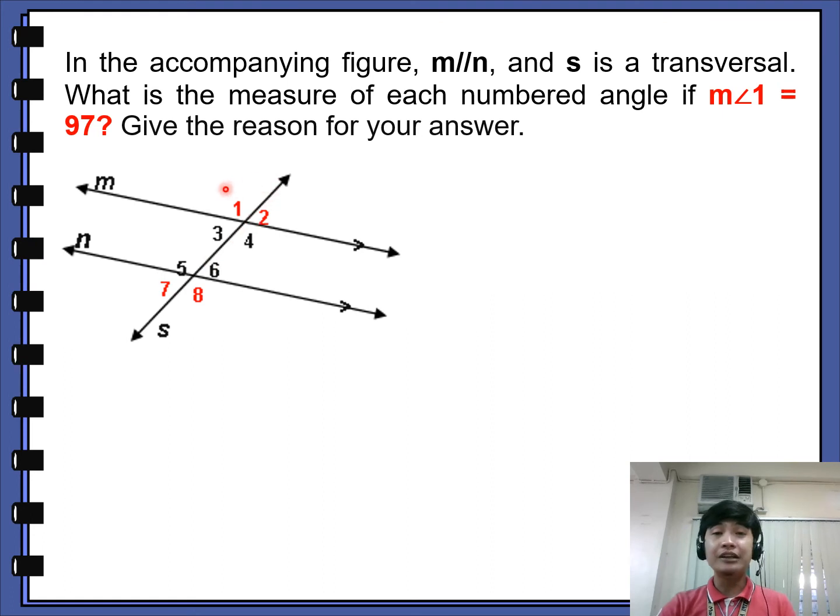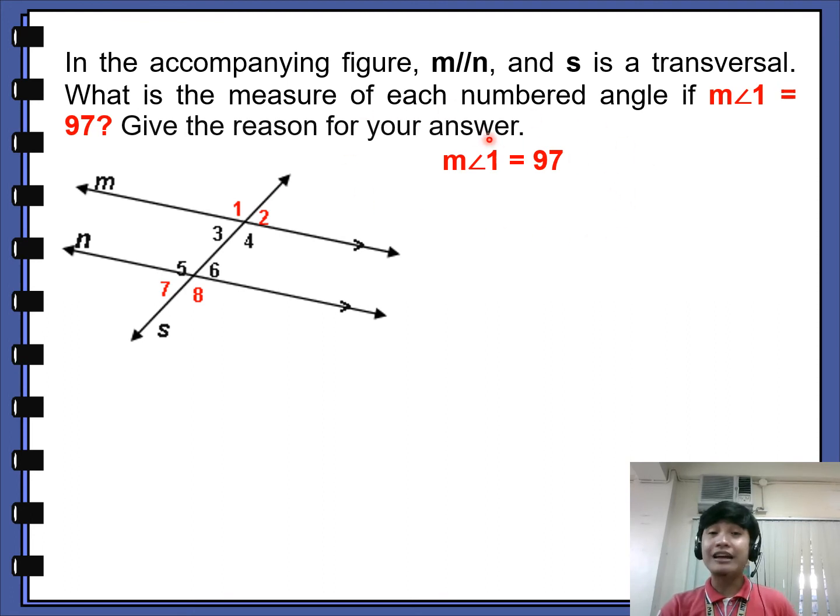So, si angle 1 daw ay 97, hahanapin natin yung sukat ng iba't ibang angles. Okay? So, paano natin masosolve yung measurement ng iba't ibang angles dyan? Kung si angle 1 lang ang meron tayo. Diyan ngayon papasok yung concepts o yung mga properties ng angle relationships and parallel lines. So again, gagamitin natin si angle 1.